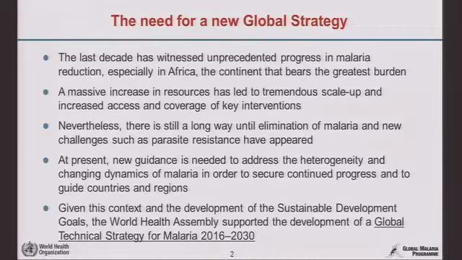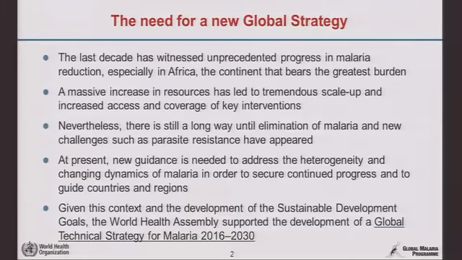This has been a consequence of the massive increases in resources that have been made available with the tremendous scale-up in the deployment of tools. This year, and Richard will correct me otherwise, more than 200 million nets will have been delivered in Africa.